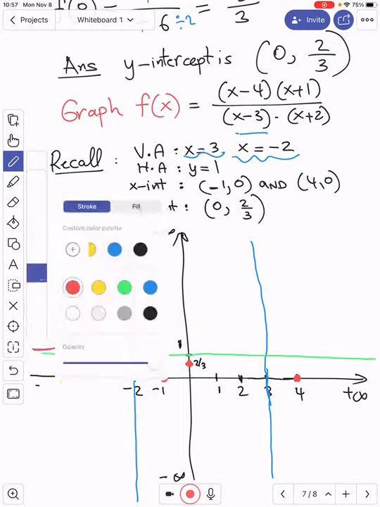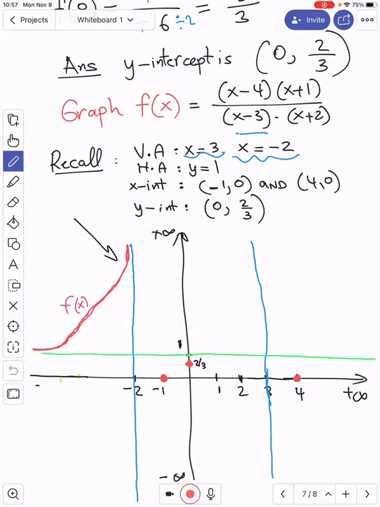What I'm saying here is that the first part of the graph of f is going to be above this horizontal asymptote, right? Next, here I'm not supposed to intersect the vertical asymptote, right? There's no intersection with the vertical asymptote.